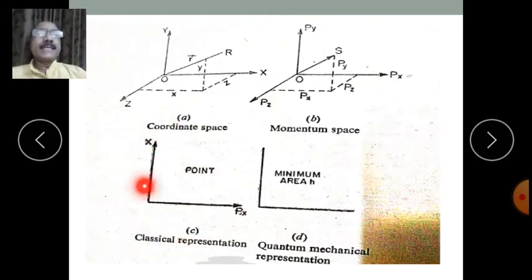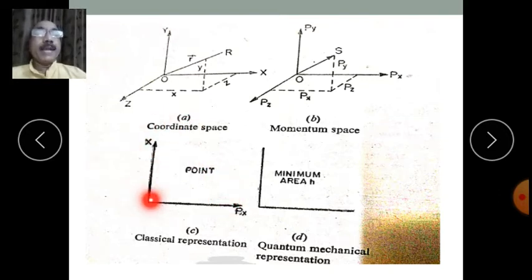And this is the phase space, two-dimensional. So on one axis we represent the x component of momentum, and on the other axis we represent the x coordinate. So any point in this space has two coordinates, x and px.